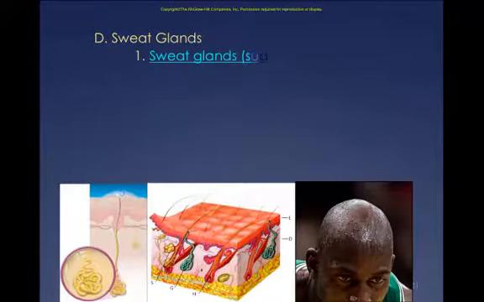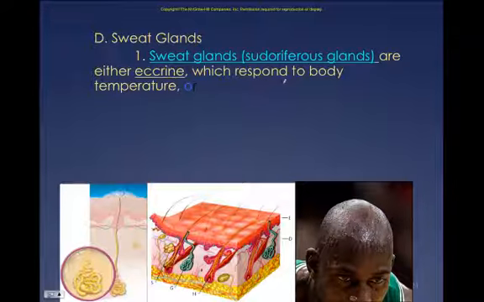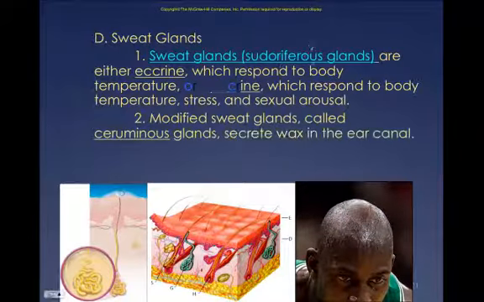Sweat glands, okay? So sweat glands are more formally called sudoriferous glands, okay? That would be the more formal name that I'd like you to know for your sweat glands, sudoriferous glands. And these sweat glands can be either what we call eccrine sweat glands, okay?